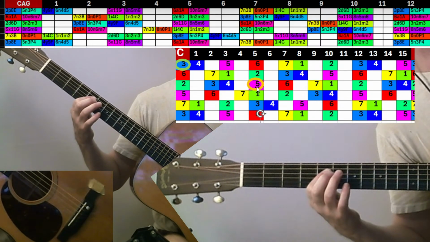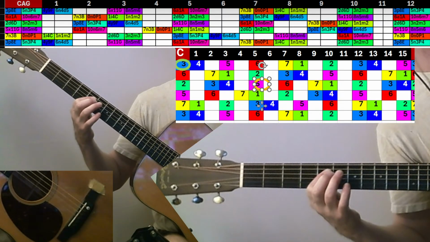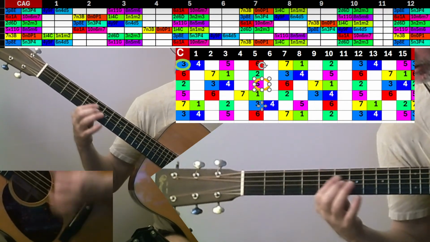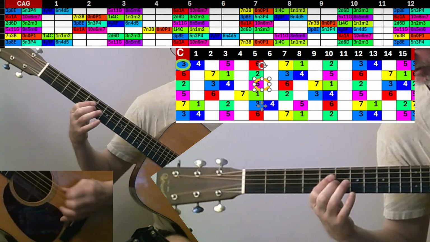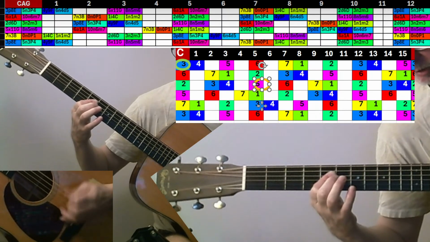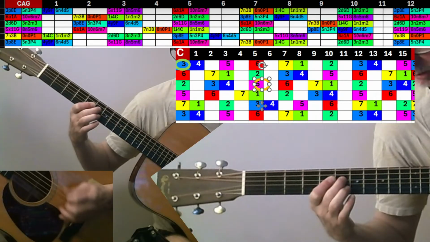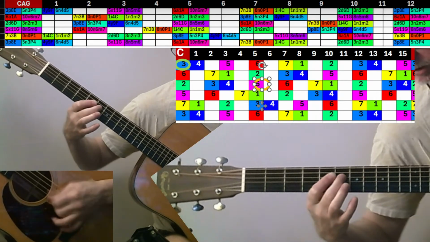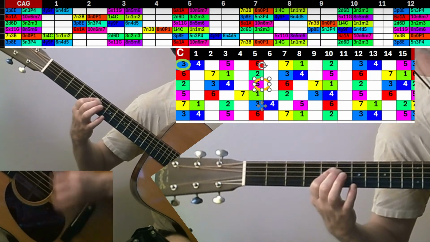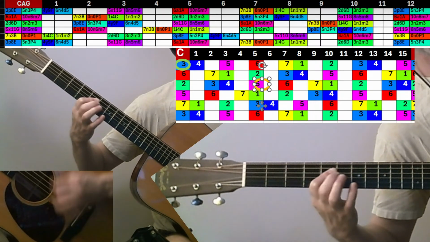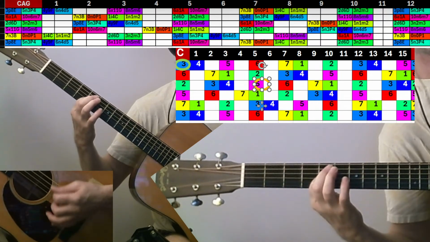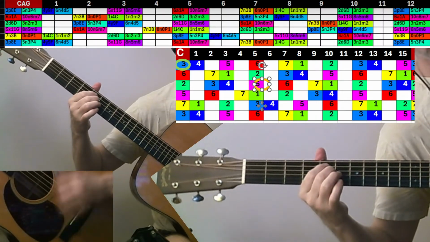I'm going to smear it, that's the minor third to the major third, would be out here, to do the bluesy thing. Right above it, I could play these two.